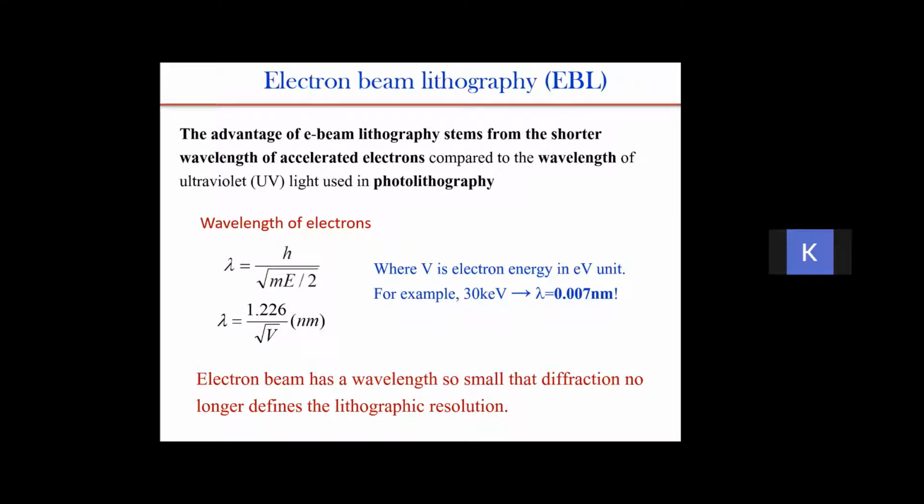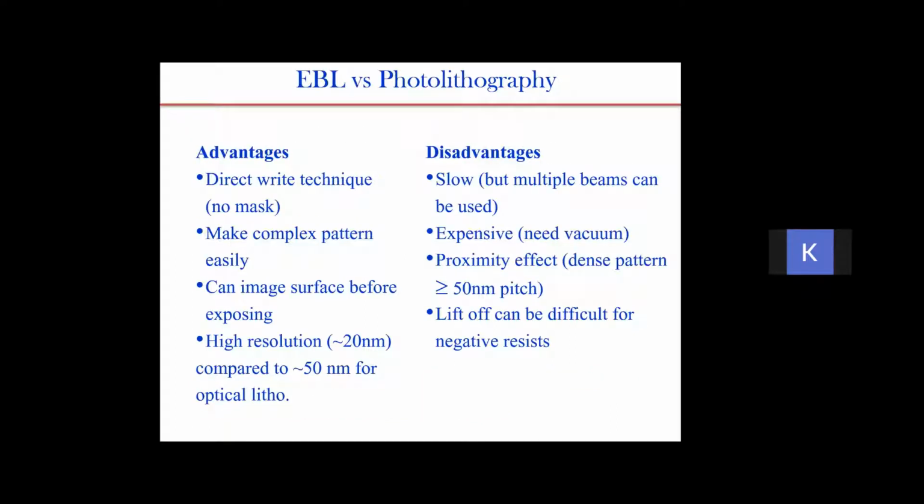This has a beneficial aspect from the resolution point of view, and since the wavelength is so small, the diffraction problem which occurs in optical lithography doesn't play a role in this case. Obviously that helps you decrease the feature size. Compared with photolithography, the advantage of EBL is that you can directly write a pattern over your substrate without any mask.